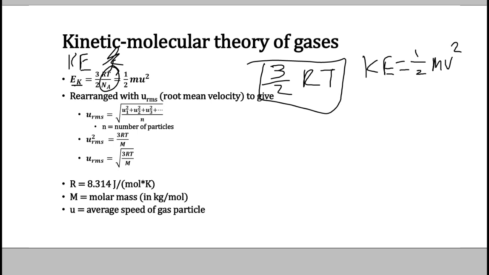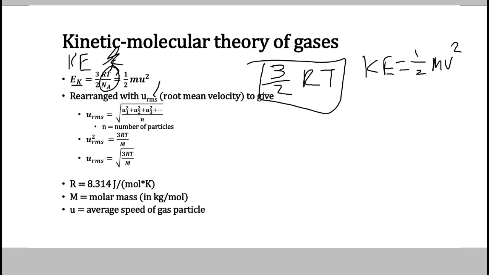Well, if we want to, we can rearrange the root mean square speed. You'll see that written a lot as RMS. But whenever you introduce that speed term, U sub RMS means root mean square speed.